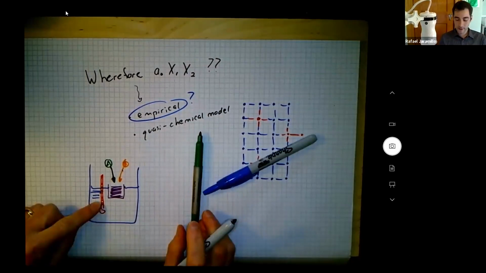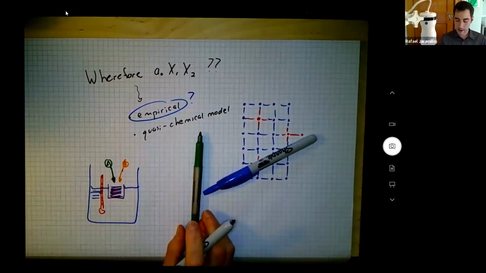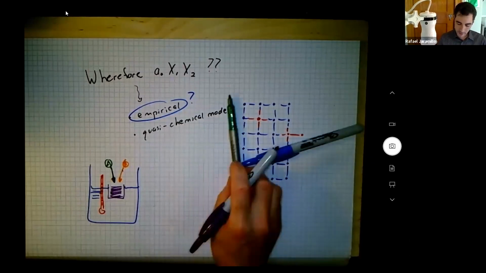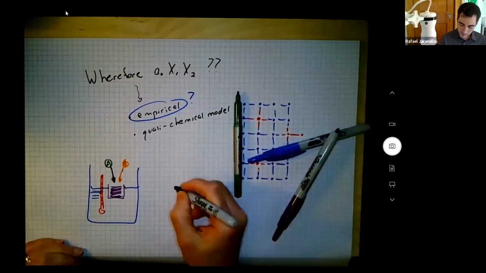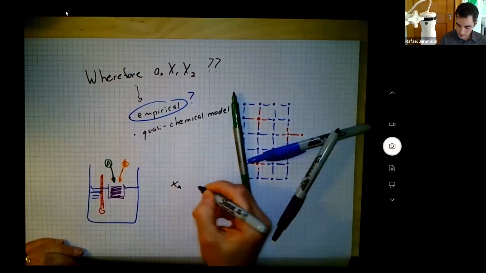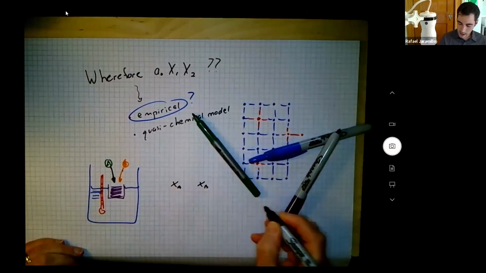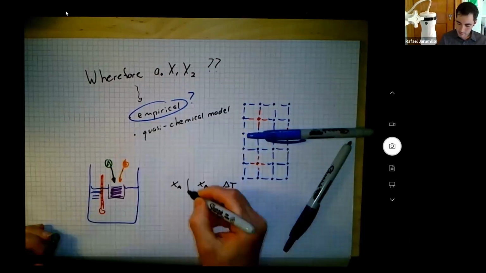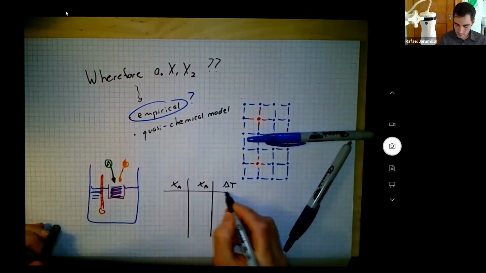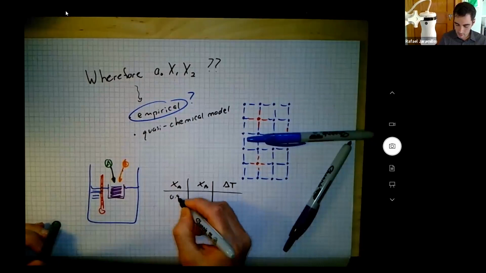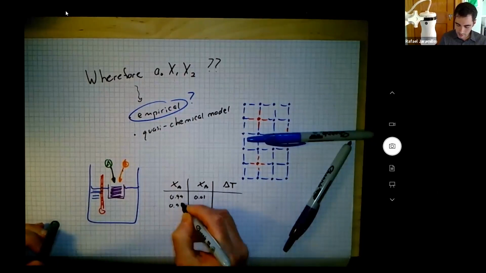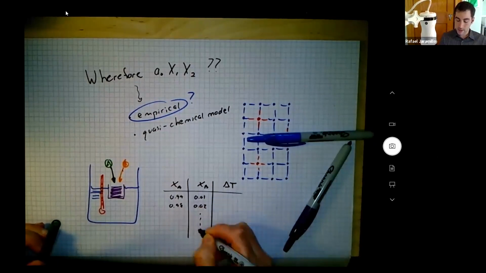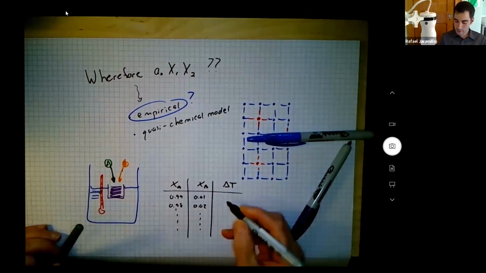And so for every composition that I have, we're going to have X of A, X of B, and a temperature rise. And we measure, let's see, 0.99, 0.01, 0.98. We're doing a bunch of experiments, right? And I'm going to have numbers for temperature rise.